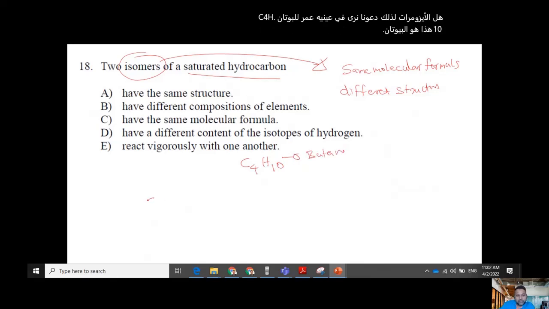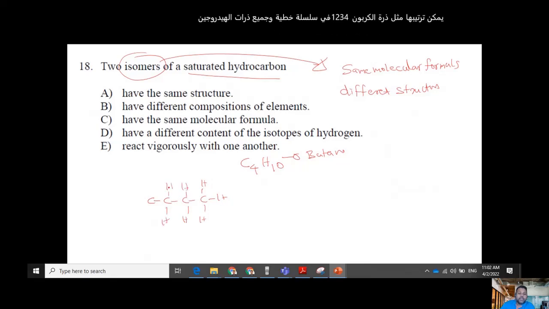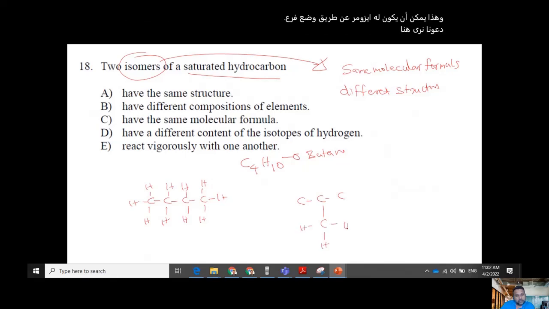It can be arranged like this: 1, 2, 3, 4 carbon atoms in a linear chain with all the hydrogen atoms. So this is one structure. This can have an isomer by putting in a branch. Let's see here: 1, 2, 3, and 1 carbon down. So now it has become branched. This is another compound, with the same molecular formula but a different structure.